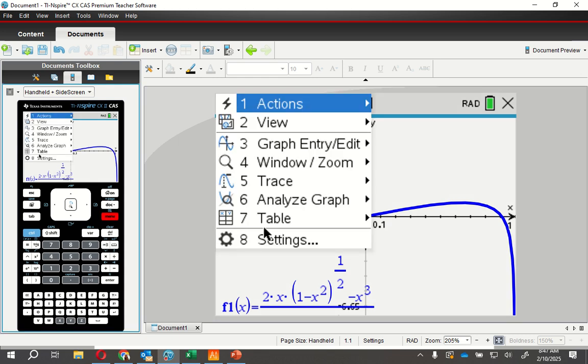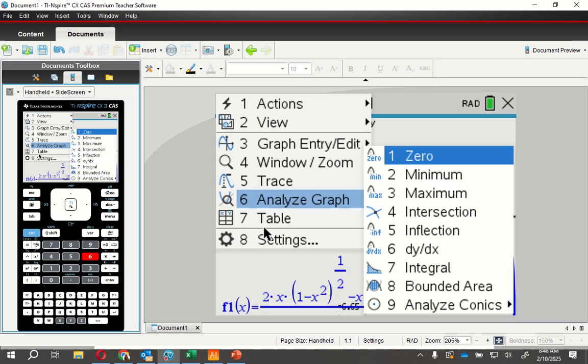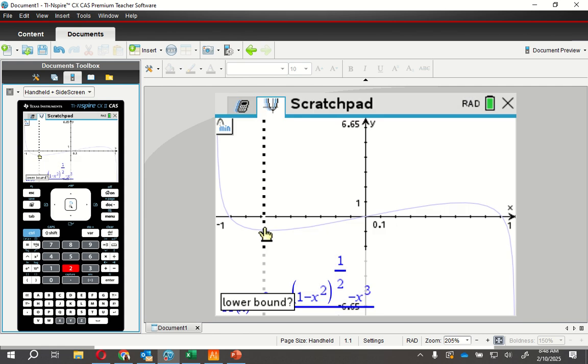These calculators are super smart. So let's try and find where that would be a minimum in this case.